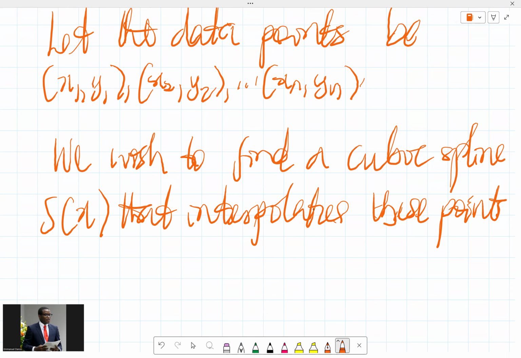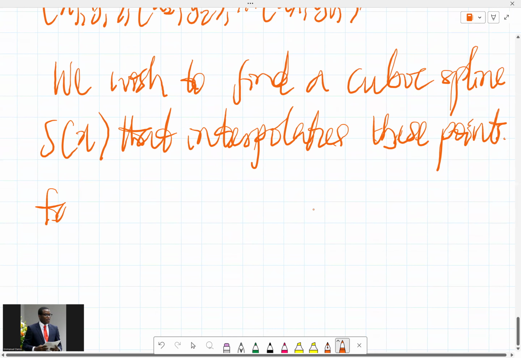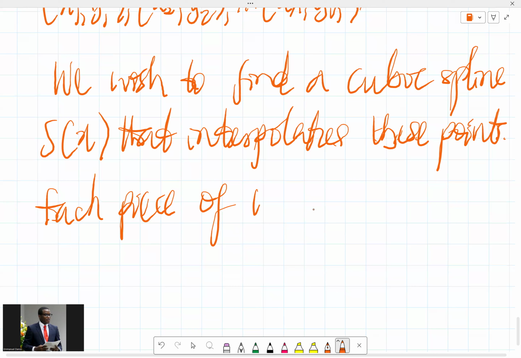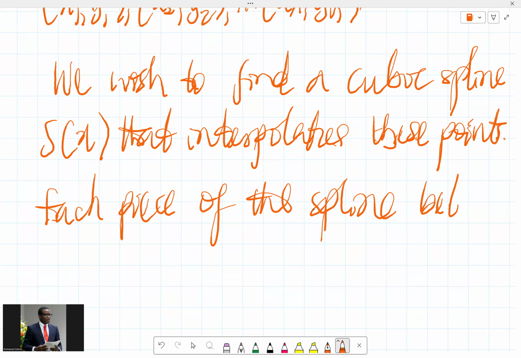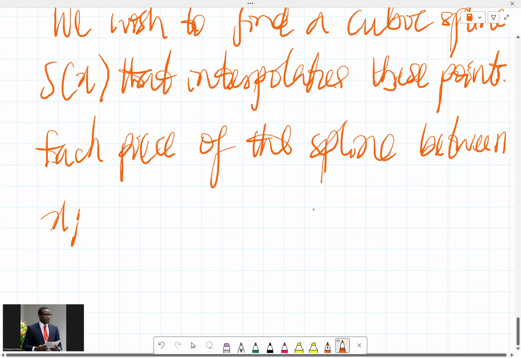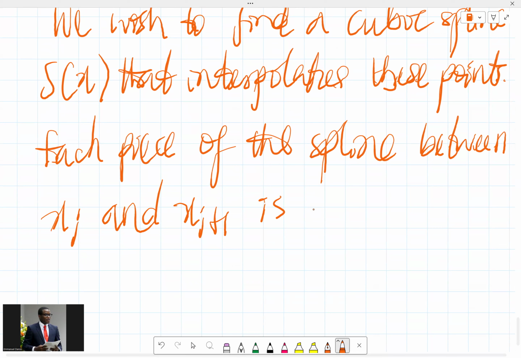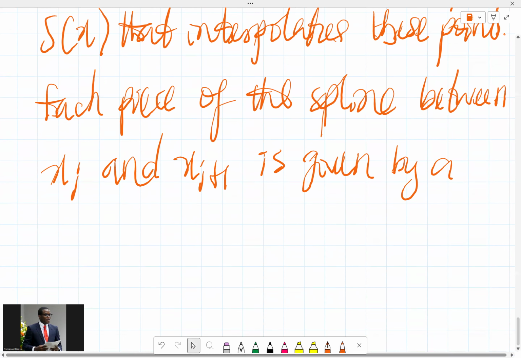So each piece of the spline between xi and xi+1 is given by a cubic polynomial.